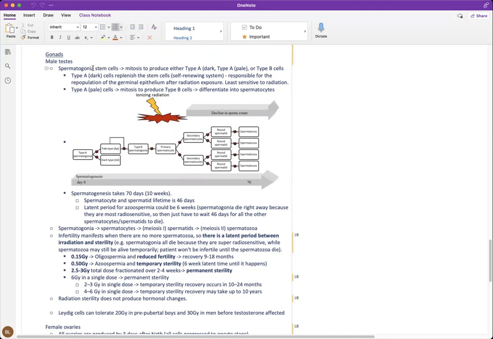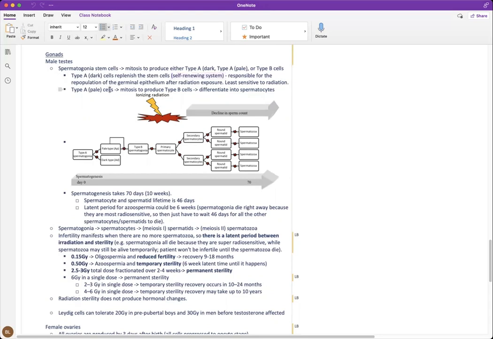It starts out as a spermatogonia stem cell and then undergoes mitosis to produce one of these three types of cells. If it's a type A dark cell, that is a self-renewing system. So that's responsible for repopulation after radiation exposure, and these are the least sensitive to radiation.